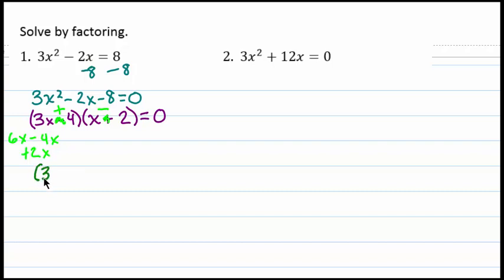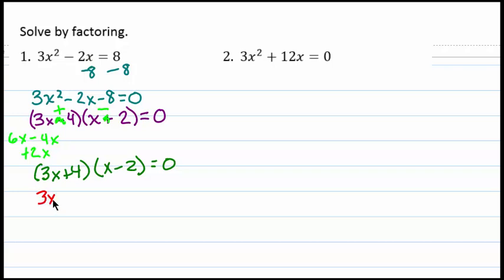All right, so now I'm going to rewrite it. So I have 3x plus 4 times x minus 2 equals 0. Now I'm going to use my zero product principle, which means that I set each factor equal to 0.